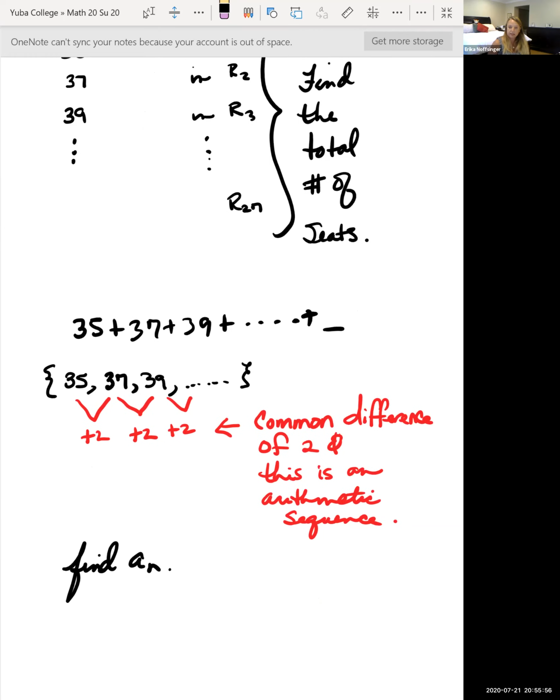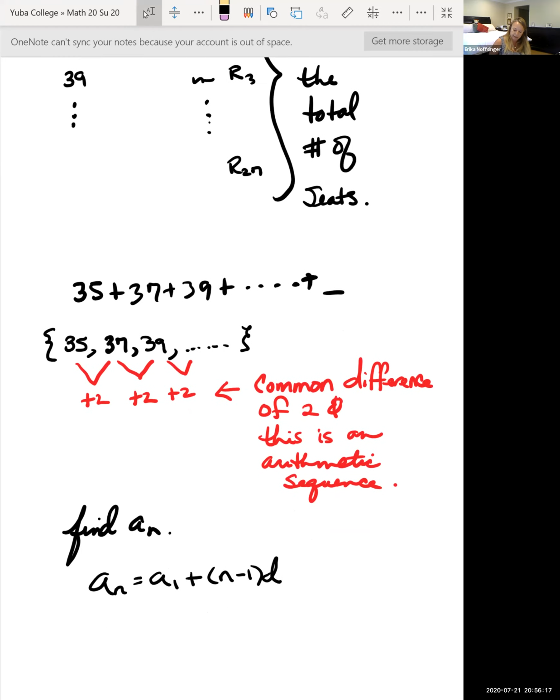Well, we're given that it's arithmetic. And so for an arithmetic sequence, there's different forms of ways that we can do this. One of them was writing it in terms of the first term and the common difference. This is equal to the first term plus the quantity n minus 1 times your common difference d.